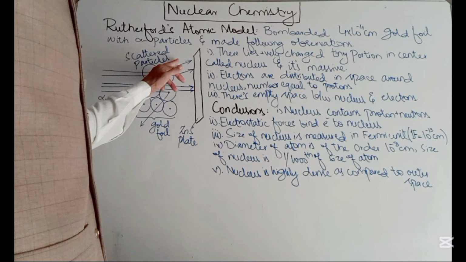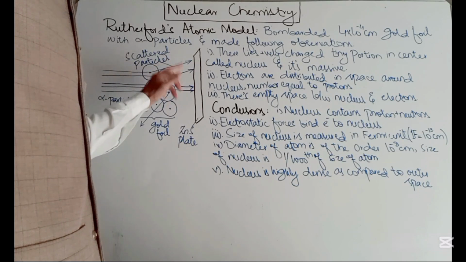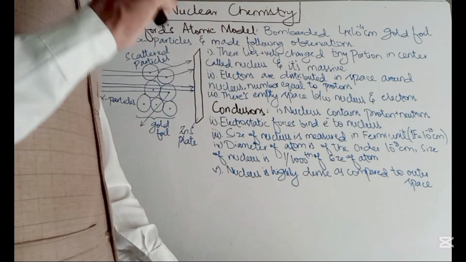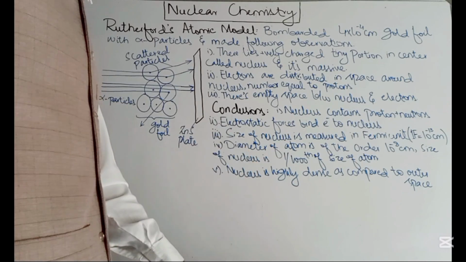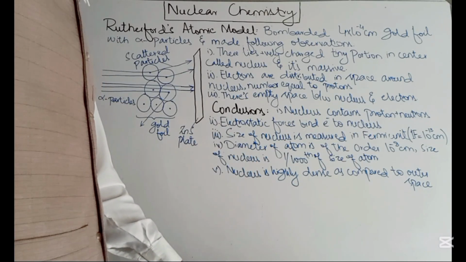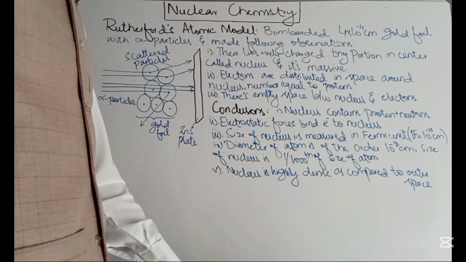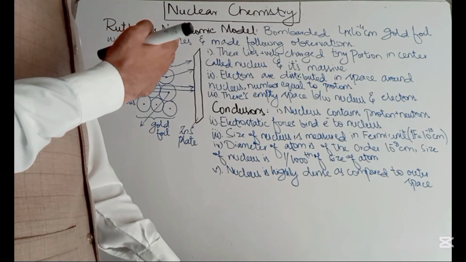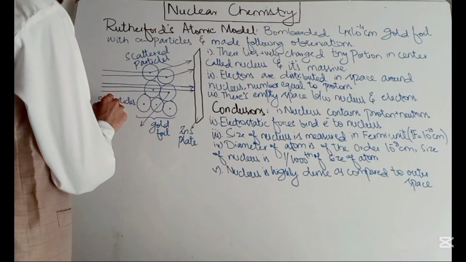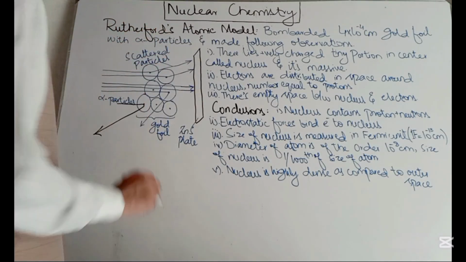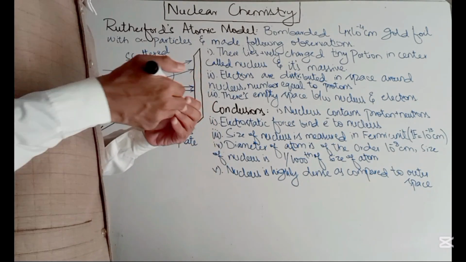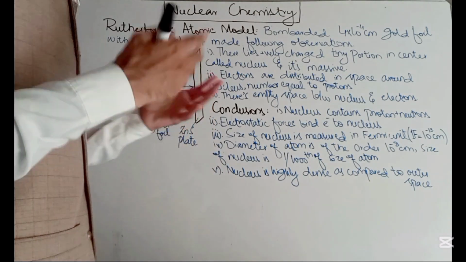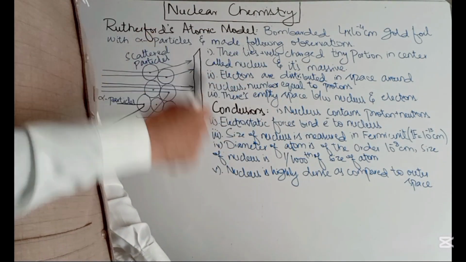Few are being deflected at very high angles, and very few alpha particles were bounced back toward the source. This was like the bouncing back of alpha particles. A very small number of the alpha particles were deflected and some were bounced back.